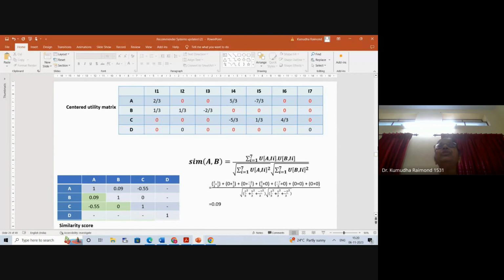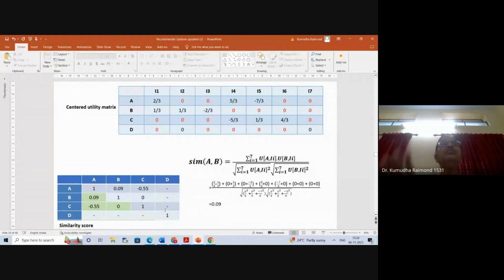Okay, you should remember in the case of the utility matrix, if you're doing it for different users versus different elements, all the users and all the elements will be on the row and the column values respectively. But when you are calculating your similarity score, when you try to put it in the similarity score matrix, it is going to be number of users into number of users. That is, it is going to be a square matrix.